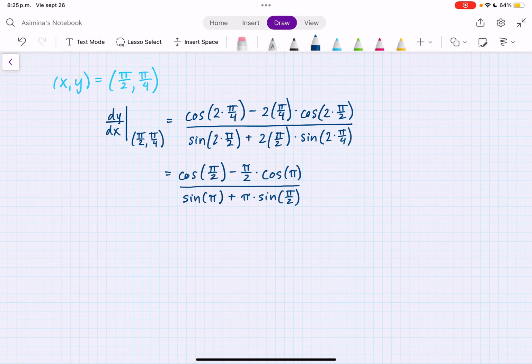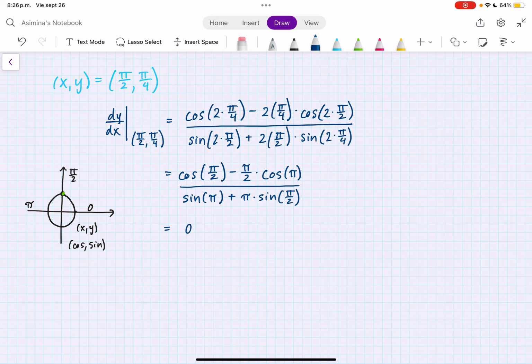So we have to evaluate cosine of pi over 2, cosine of pi, sine of pi, and sine of pi over 2. Now we can just draw a quick unit circle here. And we know that here is 0, this is pi over 2, this is pi, and so on. And so the x, y points of the unit circle correspond to the values of cosine and sine. So cosine of pi over 2, cosine of the point over here, is 0.